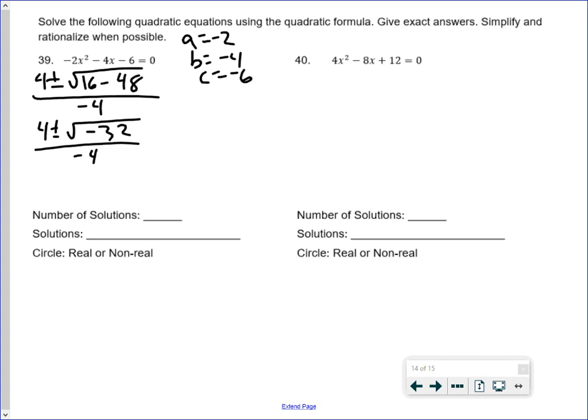From here, we can simplify that square root. So we have 4 plus or minus the square root of 32. We can factor that to 2 and 16, 4 and 4. So you can take out that pair of 4 right there. So you get 4 root 2 all over negative 4, right?